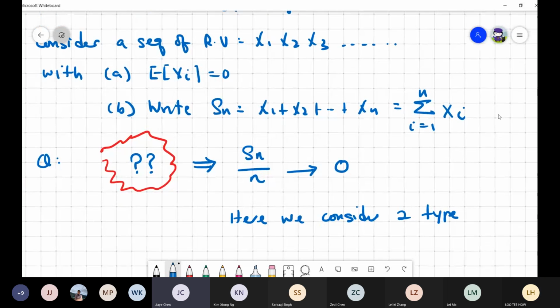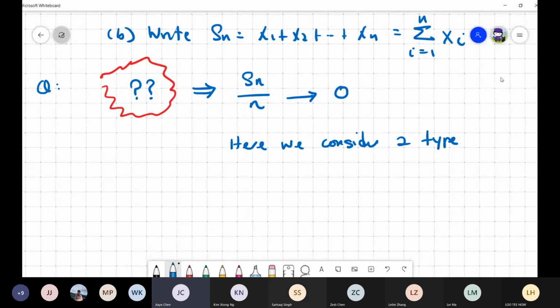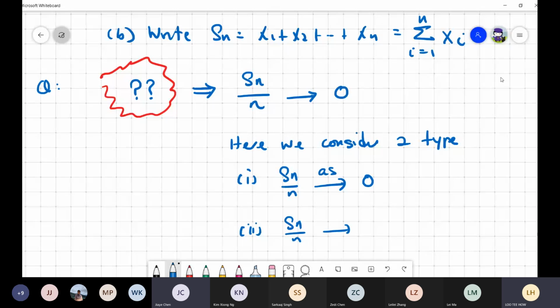That is, first of all, Sn over n converges to 0 almost surely. And the second one, Sn over n converges to 0 in probability.